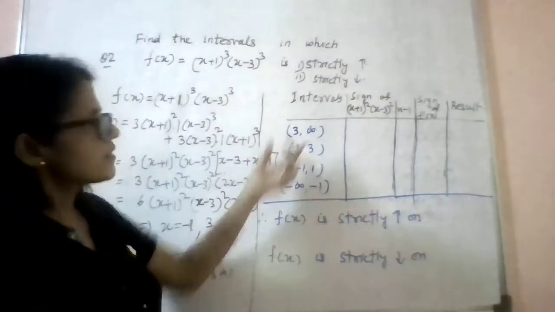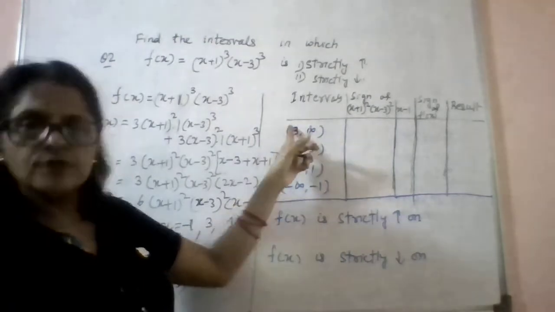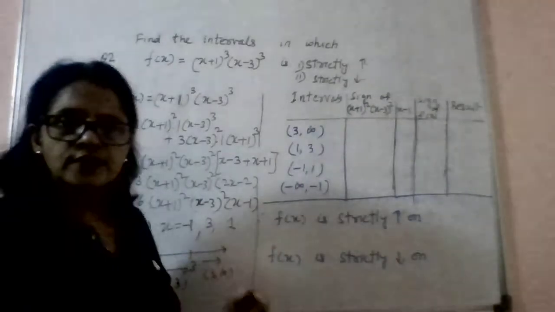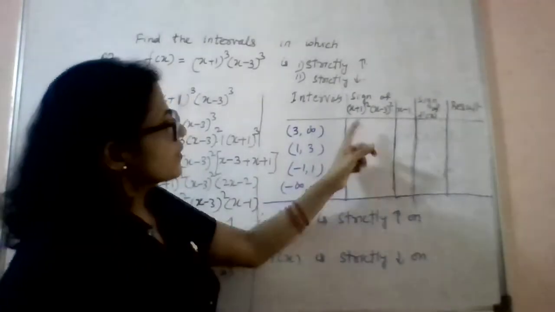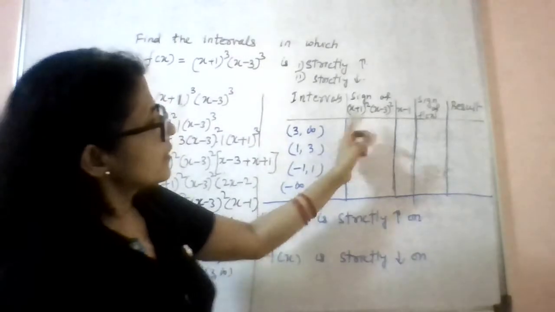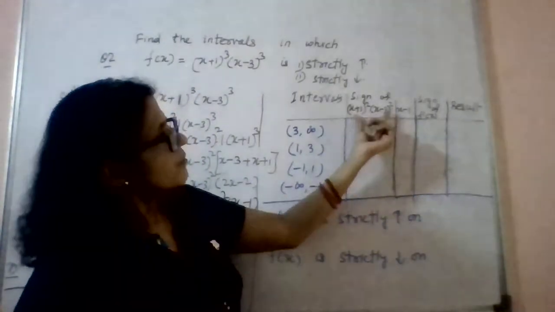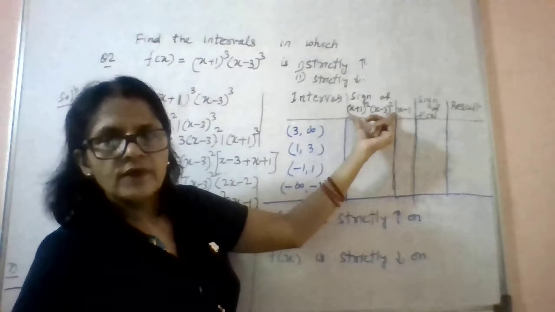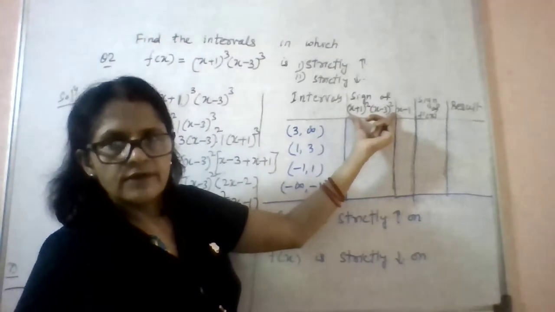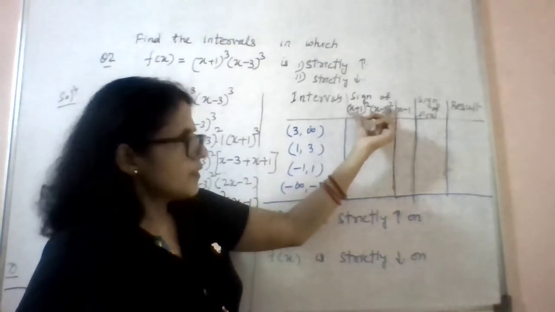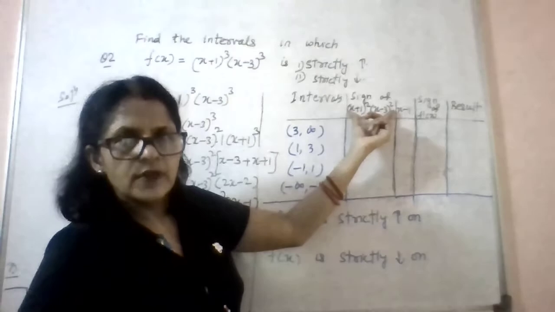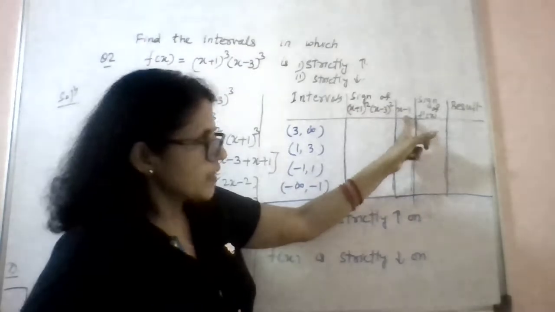Okay, so let's think of a number which is more than 3. Suppose for example it is 4. Here I have written (x plus 1) whole square into (x minus 3) whole square. Being a perfect square, it will always be non-negative, right? So that's why I have written this as one column. Then x minus 1.